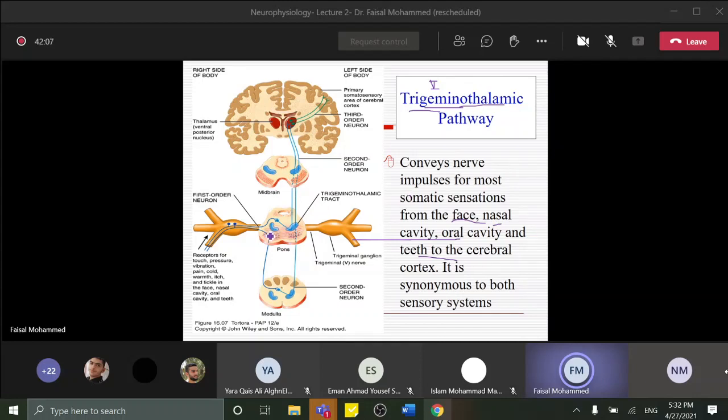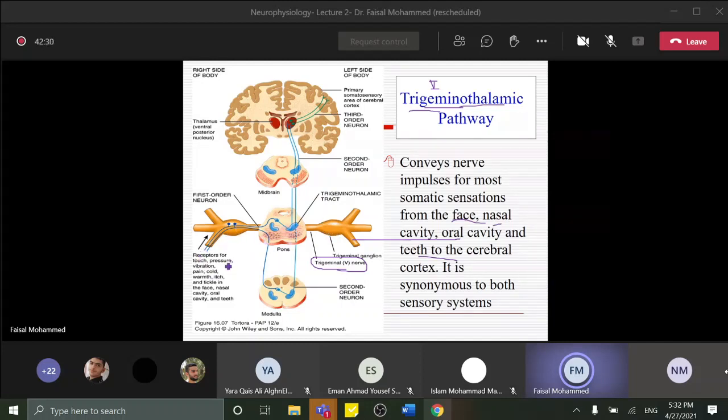They go through the trigeminal nerve and transmit both dorsal column and anterior lateral sensations, meaning fine touch, fine pressure, acute touch, pain, temperature, everything.